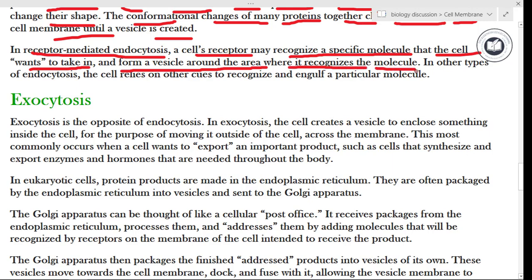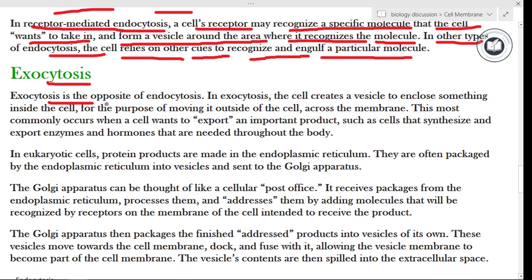In another type of endocytosis, the cell relies on other cues to recognize and engulf a particular molecule.